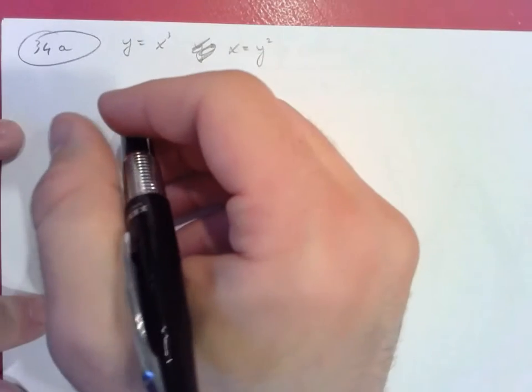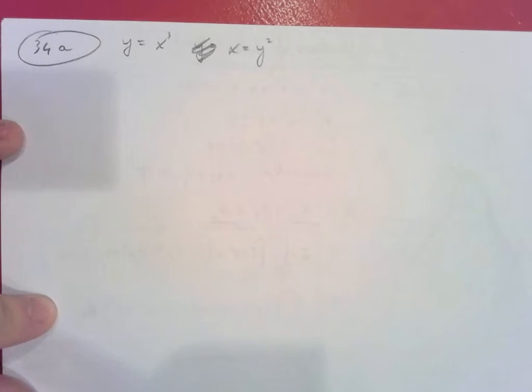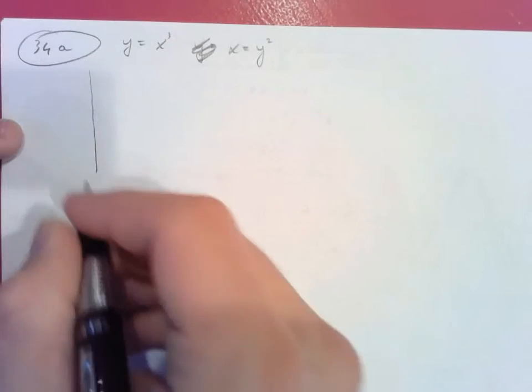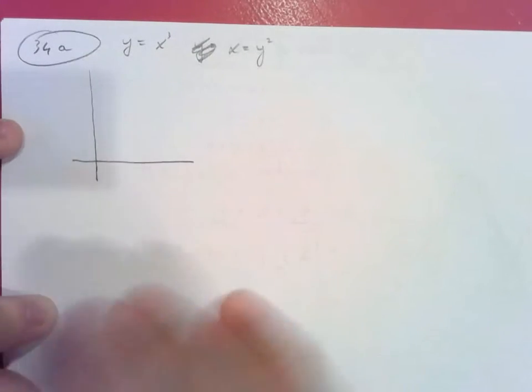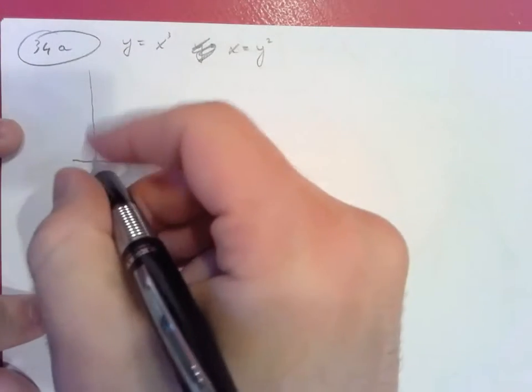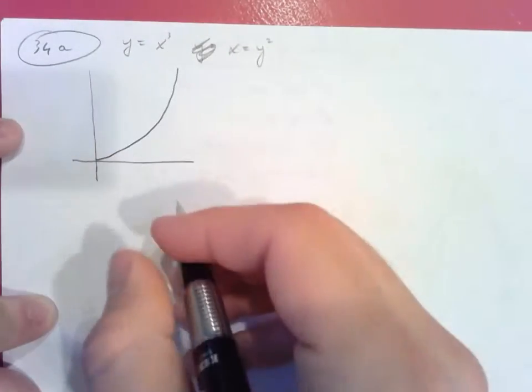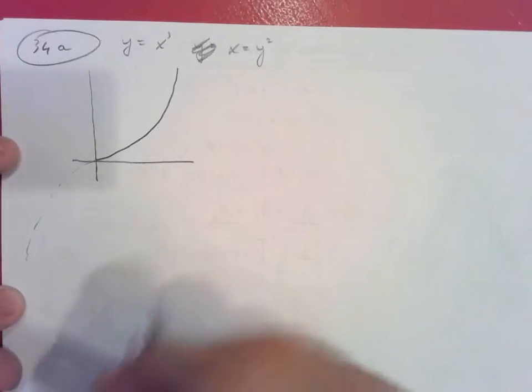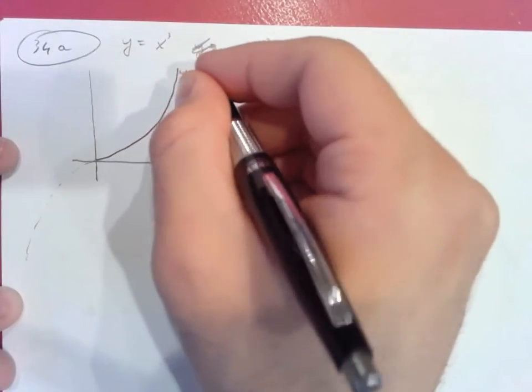So let's go ahead and quickly sketch at least the base of this region. And y equals x cubed, we all know it looks something like that, and then it would continue on the negative side like this.